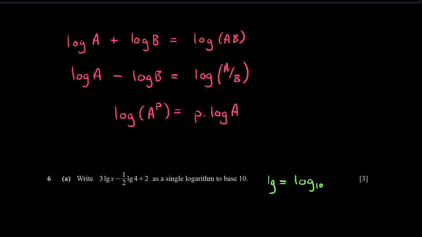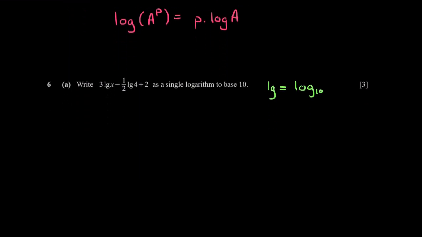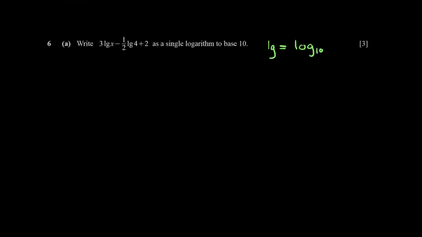Now, in this case, hopefully what you can see is we can combine these logs using the second rule, because we've got one log minus another log. But before we do that, we can't have any coefficients here. So we need to get rid of those coefficients, the 3 and the half. And the way we do that is we use the third log rule there. So let me just go down and then restate that. I'm going to rewrite 3 log x as log x cubed.